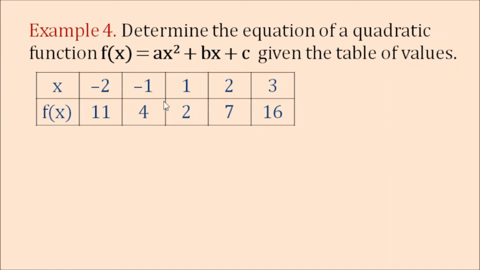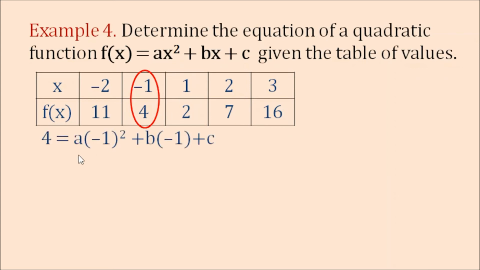So let us use negative 1, 4 as our first point. So this means this f of x is 4, and then we will substitute this x here with negative 1 and also this x here with negative 1.